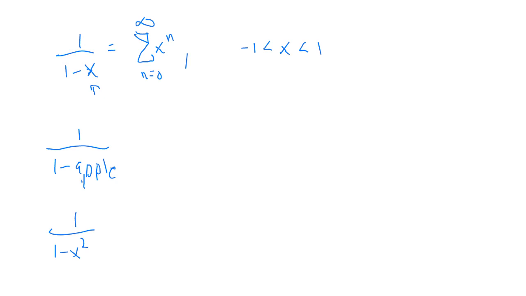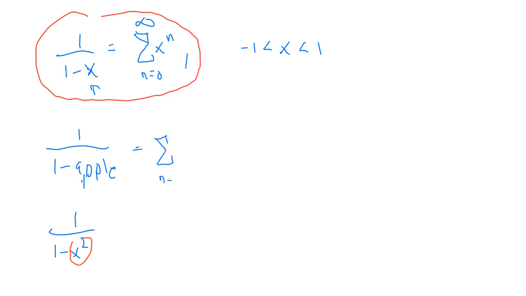Could we get a power series for that? Well, we could if we treated the x squared like an apple. Okay, because if we piggyback off of the formula here, then 1 over 1 minus the apple is going to equal the summation where n equals 0 to infinity of the apple to the nth power.